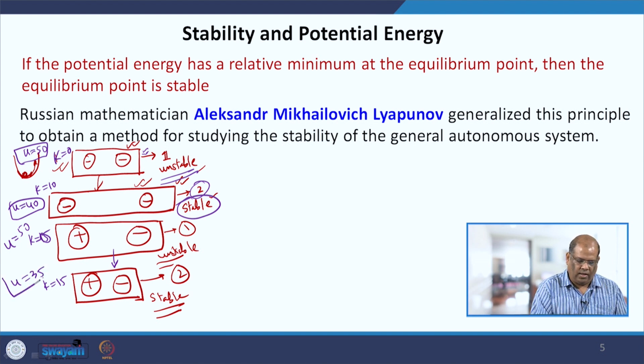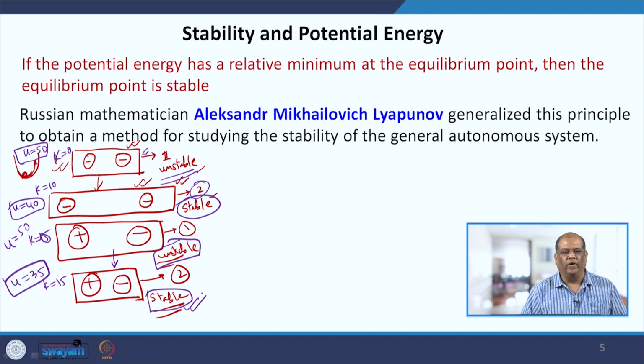Again there is a decrease in the potential energy from its initial configuration, and you move from unstable to stable, or rather this configuration is more stable than this one. With this example it is clear that as your potential energy decreases, you attain more stability.